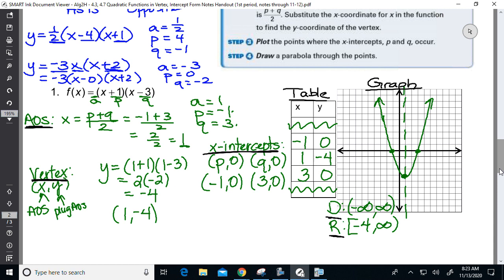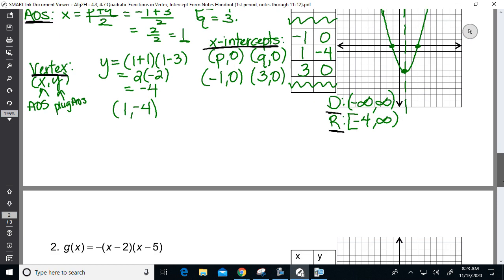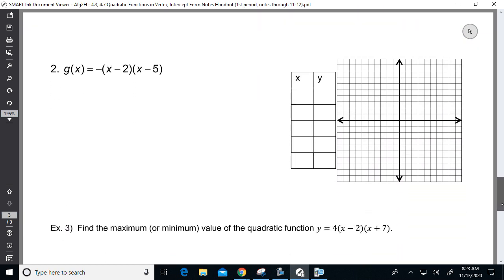That's okay. We are doing a second example of graphing. So let's do that. So example 2.